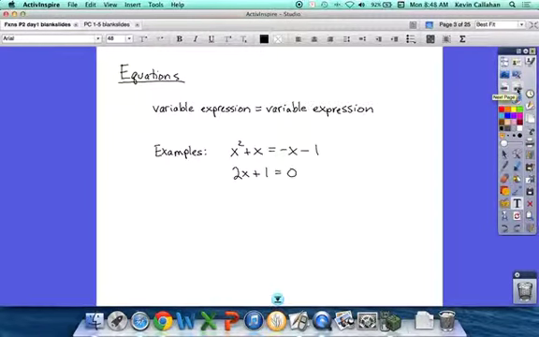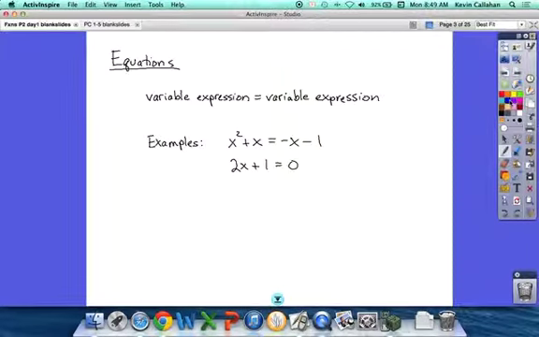So equation. What do we mean by an equation? It's got an equal sign in it, right? This is the distinction that I always make. If I have just 2x plus 1 without an equal sign, that's an expression. There's nothing to solve. You can evaluate it. You could plug in x and see what it equals, but there's nothing to solve.